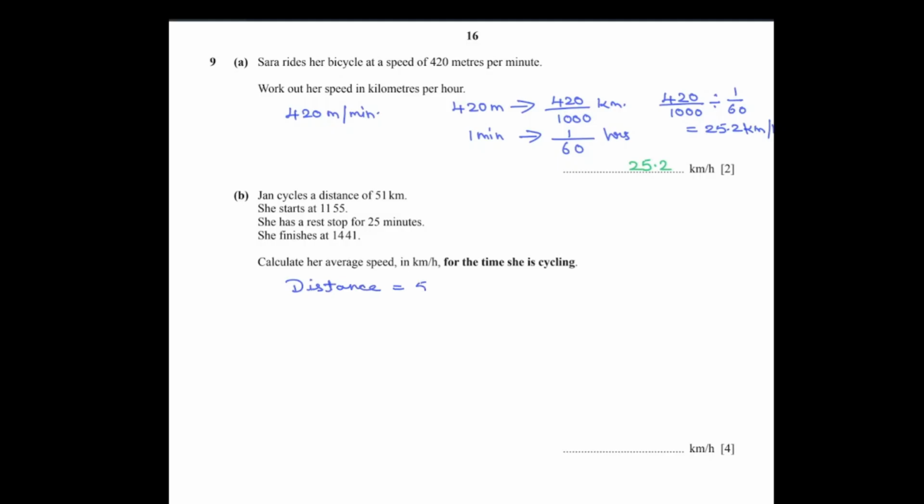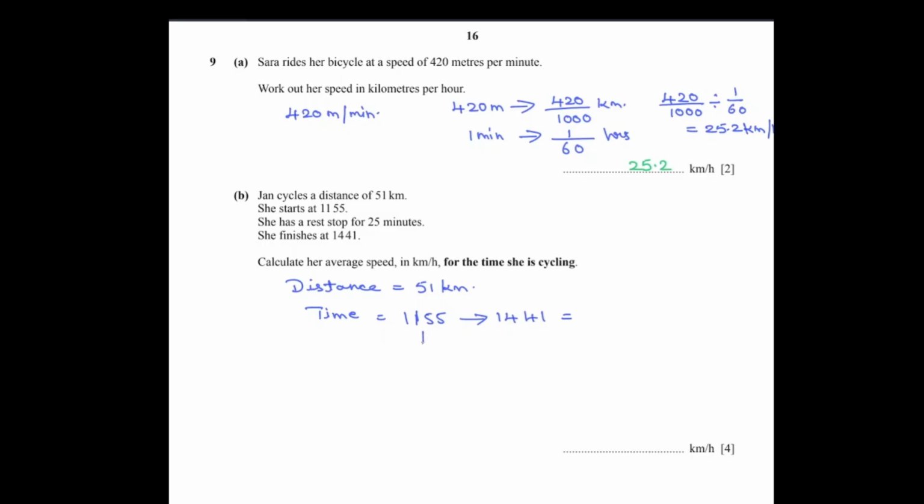So distance is 51 kilometers, and time we need to find out. Find out how much time she has taken to reach. So you have to find the time gap between 11:55 to 14:41.